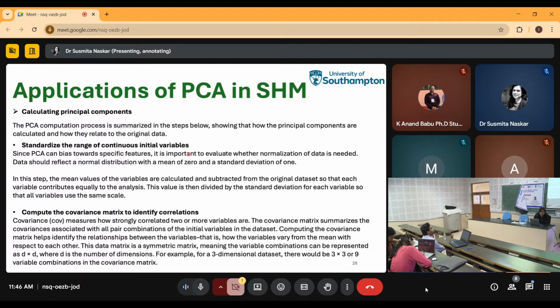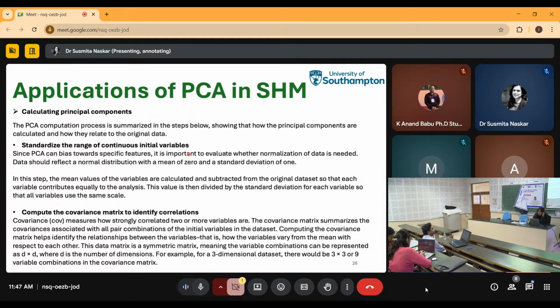And how do we standardize the data? The first step is that we standardize the range of continuous variables, okay? PCA can be biased if some variables have much larger numerical ranges than others. We have to be careful, and to fix that, we subtract the mean from each of these variables and divide by its standard deviation, because it can have some kind of bias if there are larger numerical ranges.